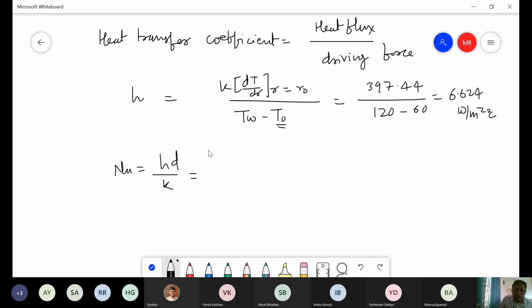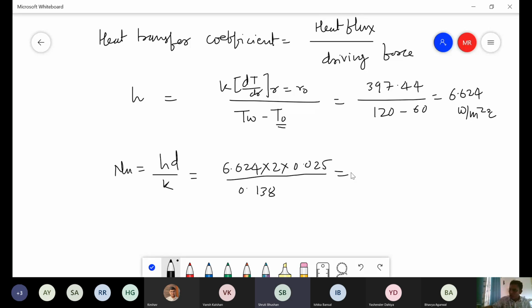So H is given as, in this case, 6.624 into D is 2 into 0.025 by K. K is 0.138. So what is the value? Anybody? 2.4.